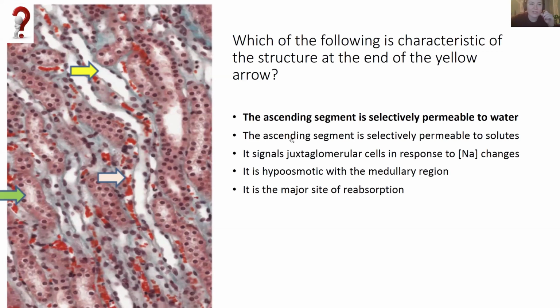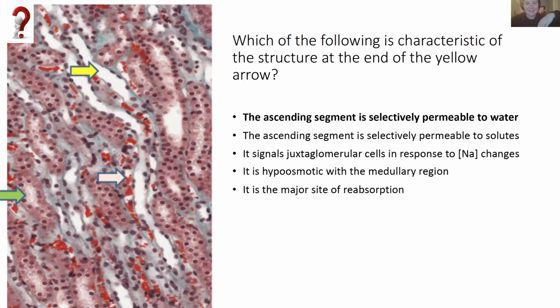So what are we looking at here at the yellow arrow? Yeah, loop of Henle, exactly. In the loop of Henle, you have the descending and the ascending, and each side is going to be different because you have the countercurrent exchange.